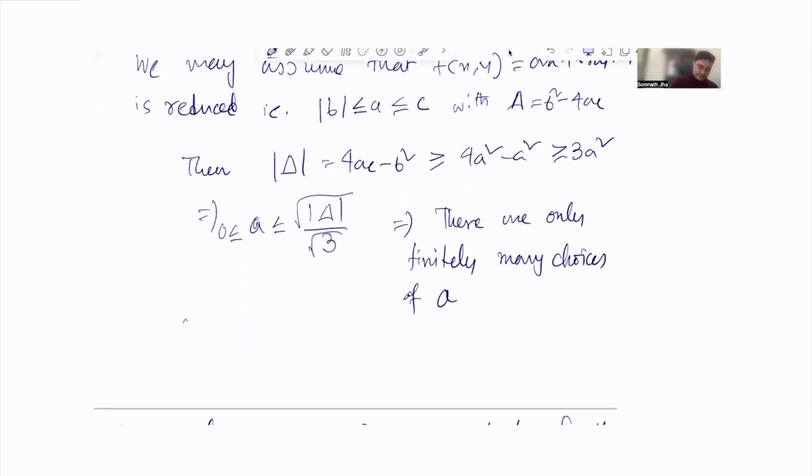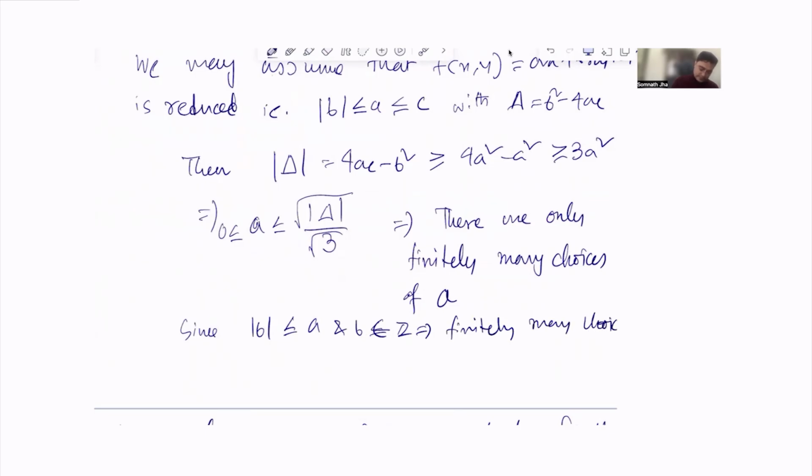And since mod b is less than or equal to a, there are finitely many choices, and everything is an integer, remember? So b has finitely many choices.